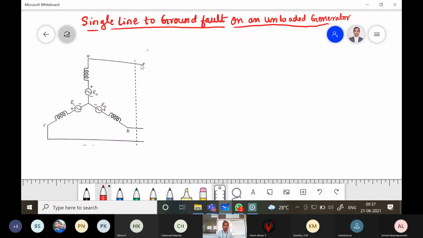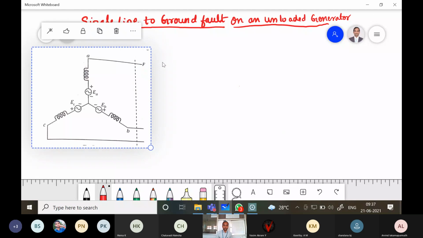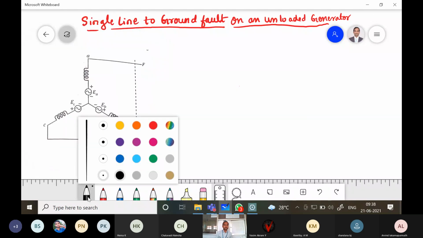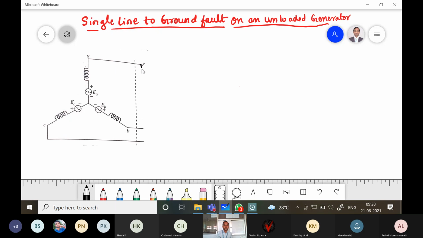It means the fault occurs here, connected to ground. So the current flowing here is IA, which is equal to IF.